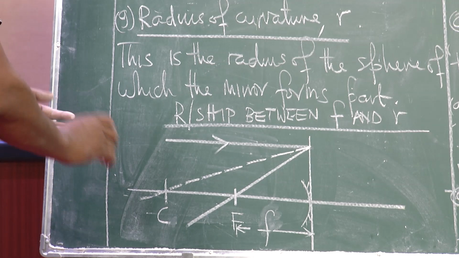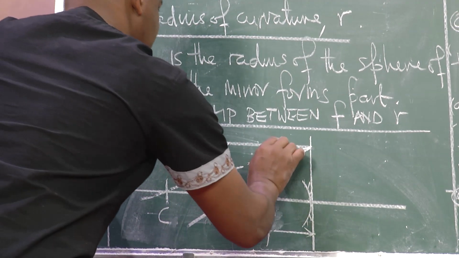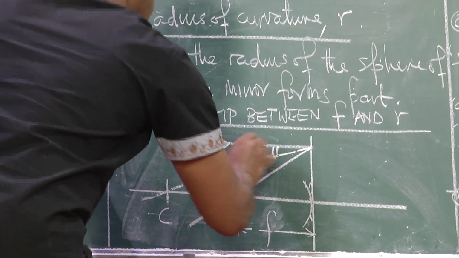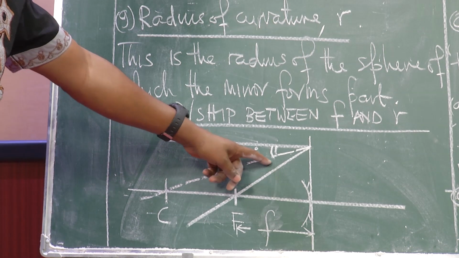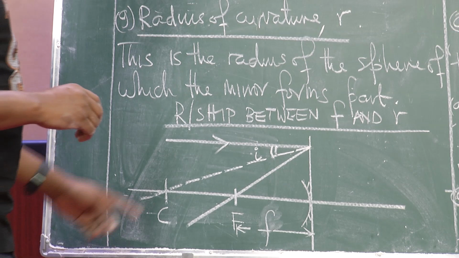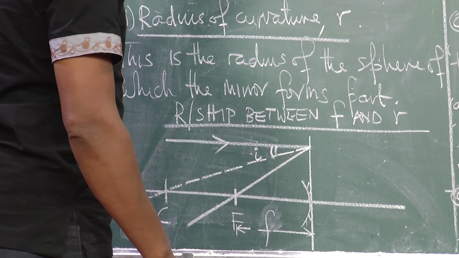My interest here is that we are going to use angles. If I let this be the angle of incidence, I believe the students who were in attendance from the start of this topic are aware that if this is the normal and this is the incident ray, the angle in between is the angle of incidence.